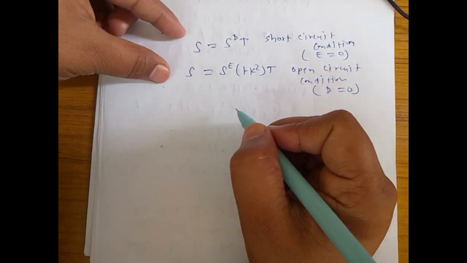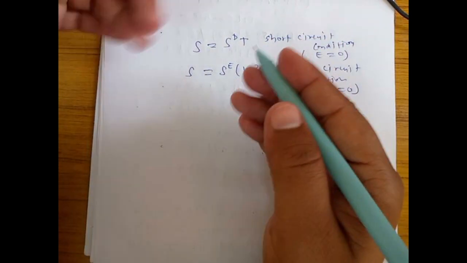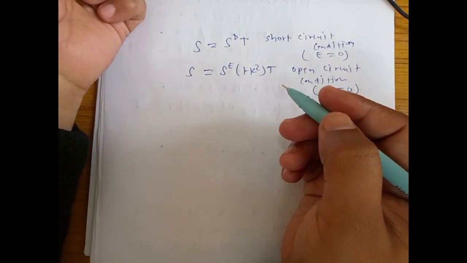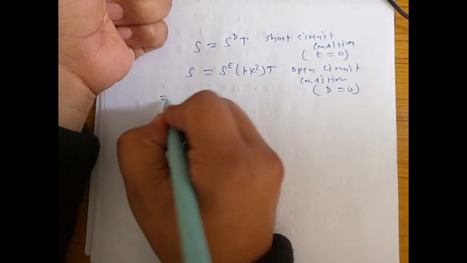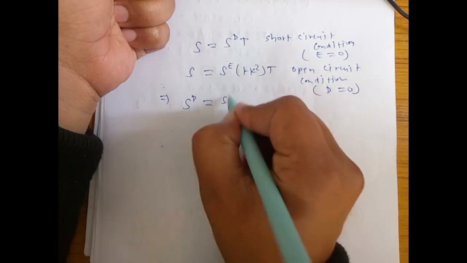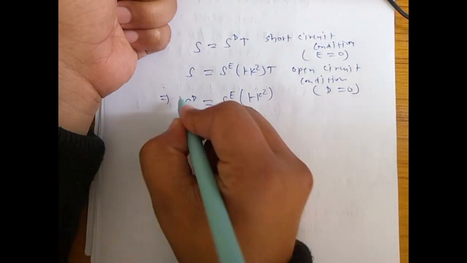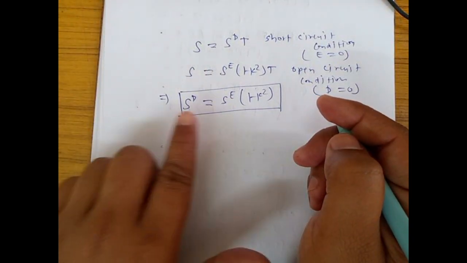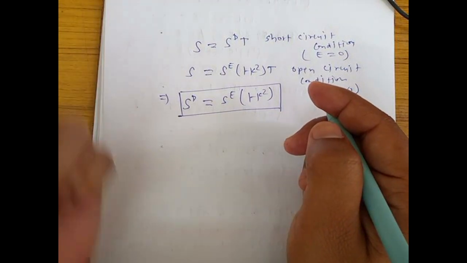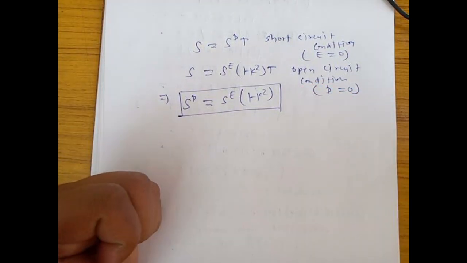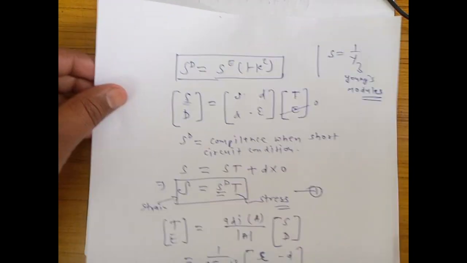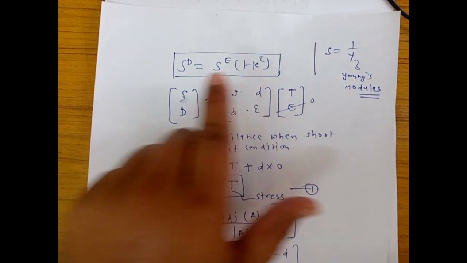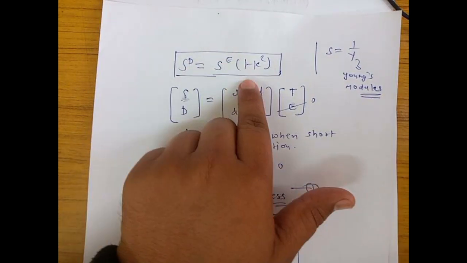If we see these two, S is equal to S because both are the same, and T is equal to T because both are the same. So we can write s^E is equal to s^D times (1 minus k square). So by this method we can prove this expression. We can also prove one other expression, right? So this is the complete question. Our objective was to derive this equation.